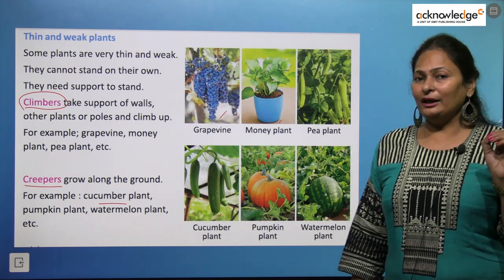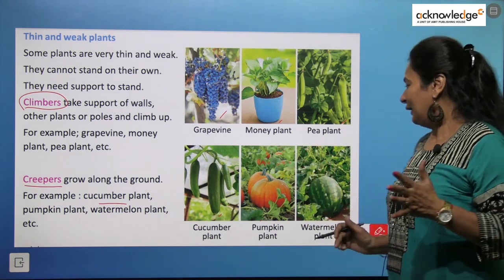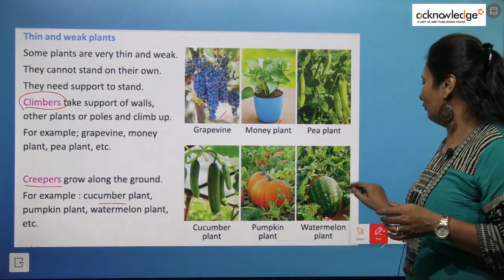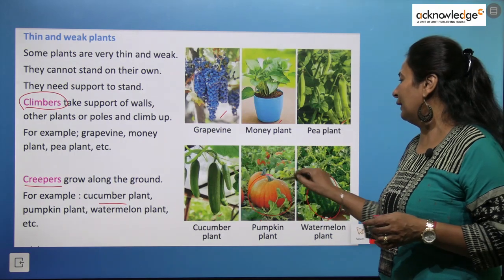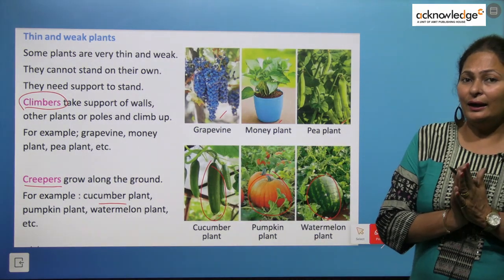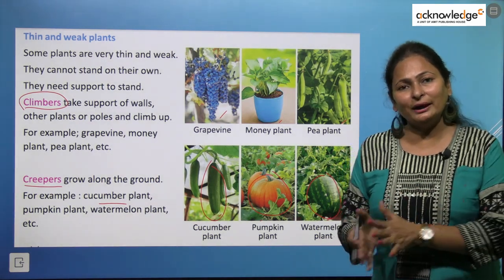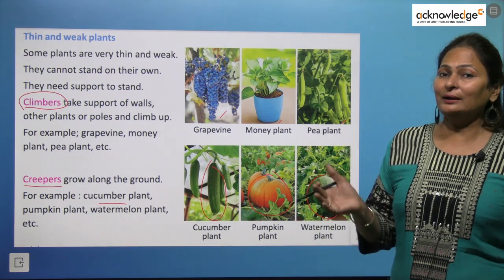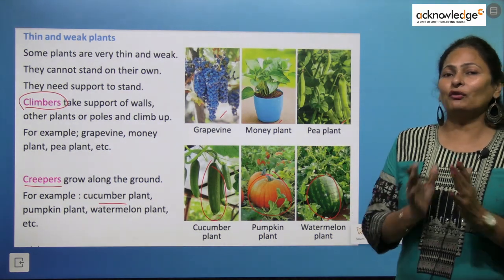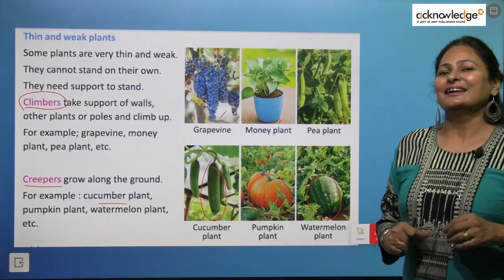They are very weak plants, but they have big fruit. Yes, you can see the size of watermelon, pumpkin, and cucumber, right? The plants are small and very weak, so that is why they creep along the ground. But the size of their fruit is very big. Isn't it interesting, kids?